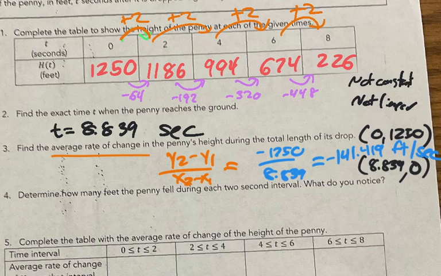But then look, we've already figured out what the intervals were. For the first 2 seconds, it only went down 64 feet. But it averaged going down 141 feet every second. But in 2 seconds, it only went down this much. Right? And in these 2 seconds, it went down 192. And in these 2 seconds, 320, which would be negative 160 feet per second.